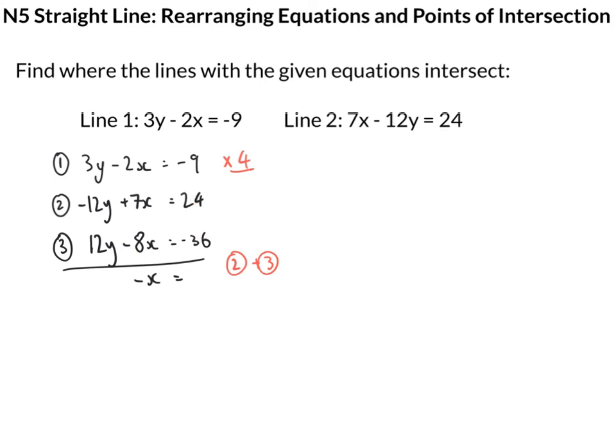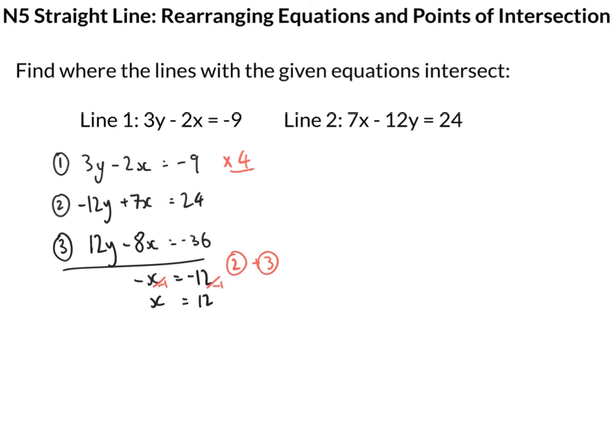So I can think of this as 24 minus 36. Well, that's going to be a difference of 12, so negative 12 there. If negative x is negative 12, positive x is positive 12. Really what I've done there is I've divided each side by negative 1.